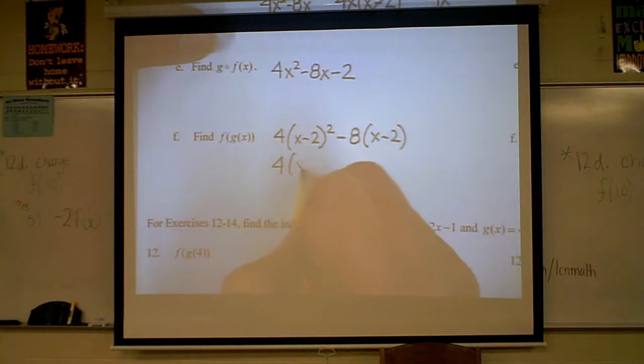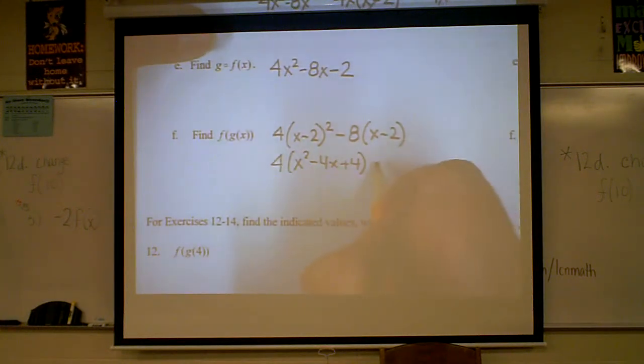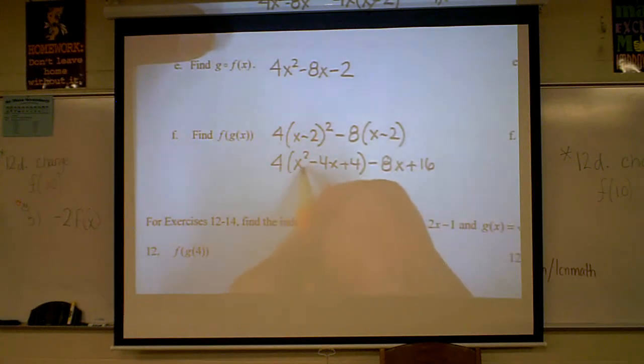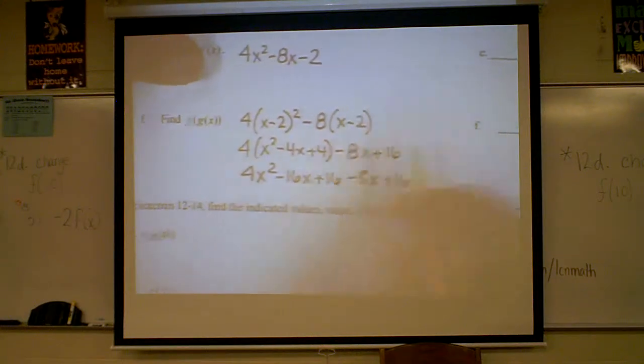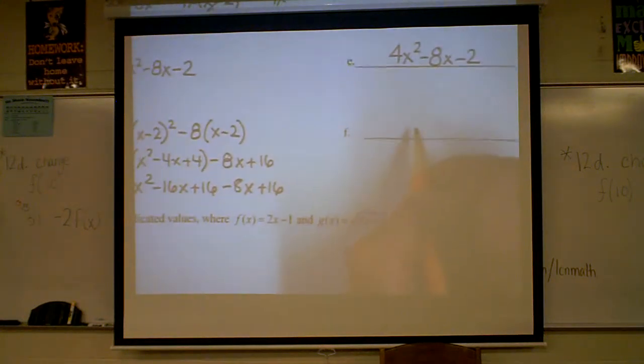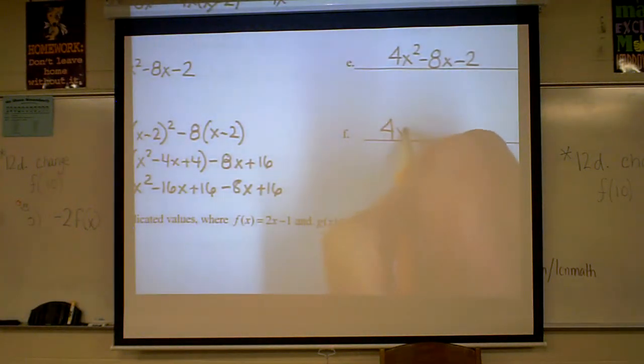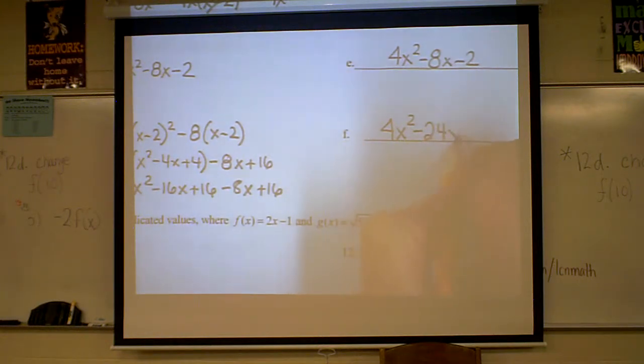You get x squared minus 4x plus 4. And we can distribute this, negative 8x plus 16, multiply this by 4. And in standard form, the answer in simplified is 4x squared minus 24x plus 32.